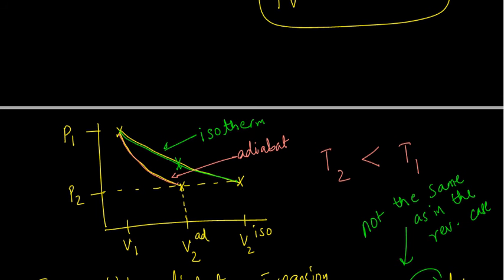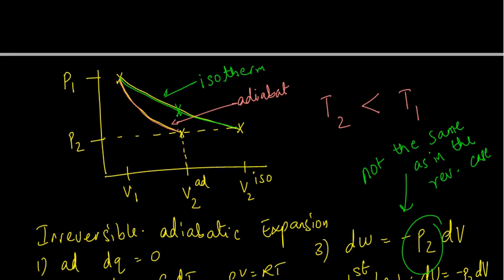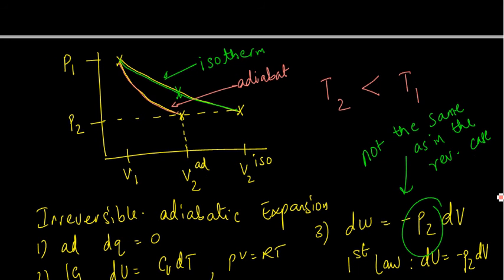All the treatment that we've done for the irreversible case is assuming that we are expanding, coming finally to the same volume, right? The pressures are changing. I have marked over here that P2 is not the same as in the reversible case, but V2 is.